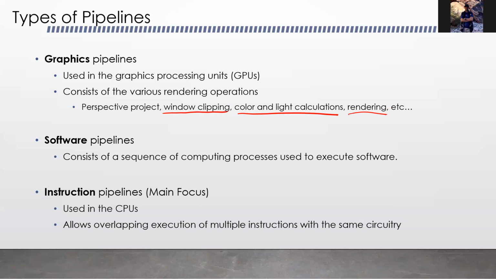And in software, again, if you have parts of your software that are independent from each other, then these 2 parts or 3 or whatever can run in parallel. And finally, our focus here is on instructions. If you have independent instructions, these instructions can work in parallel, and this will give a huge speed up for your processor.